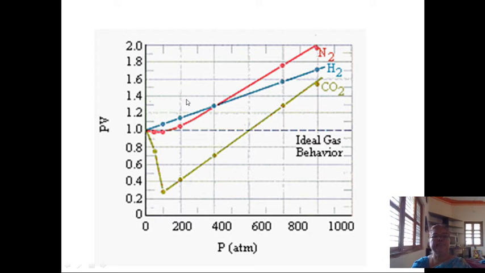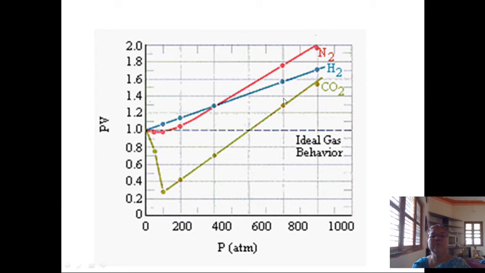This graph shows the deviations of real gas from Boyle's law. In case of Boyle's law, the PV values are constant, and this dotted line is for the ideal gas behavior.